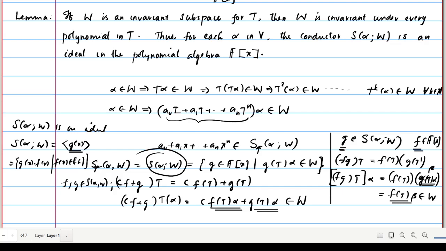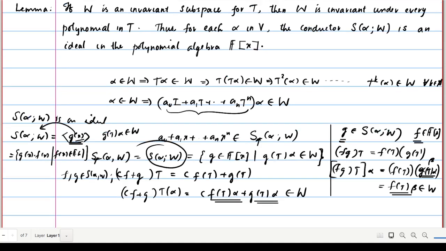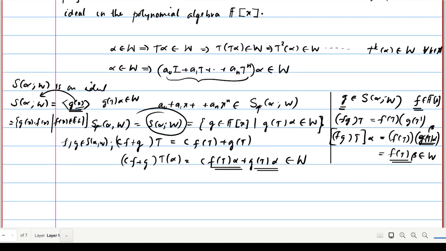We know that g(x) is the monic generator of this. That means g(T) alpha is in W, and g is the minimal degree monic polynomial with the property that g(T) alpha belongs to W. So this polynomial is also called the T-conductor of alpha into W.